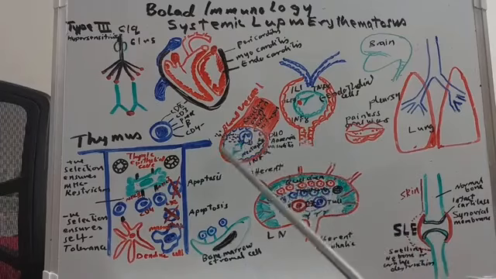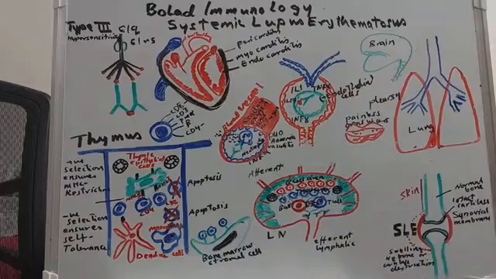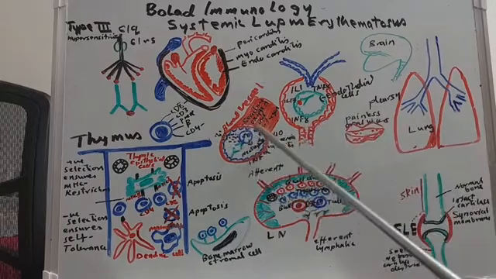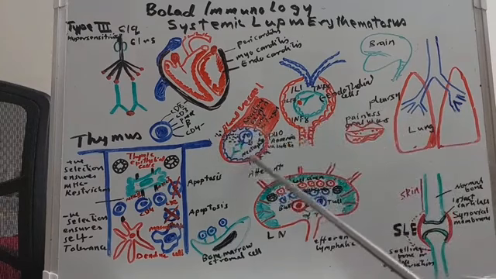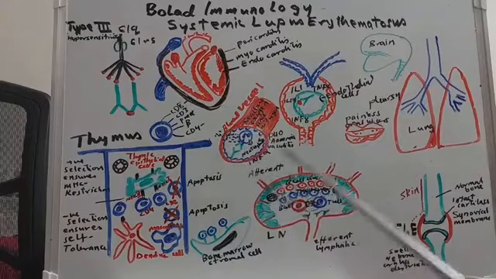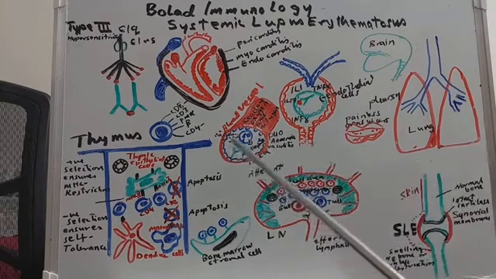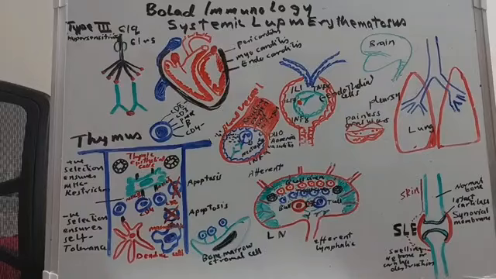Similarly, in the case of SLE, the immune complexes are circulating complexes. When they reside, they activate the classical pathway of the complement. For example, if they reside here in the wall of the blood vessel, they will bind to the endothelial cells, and maybe these antibodies are anti-endothelial antibodies.